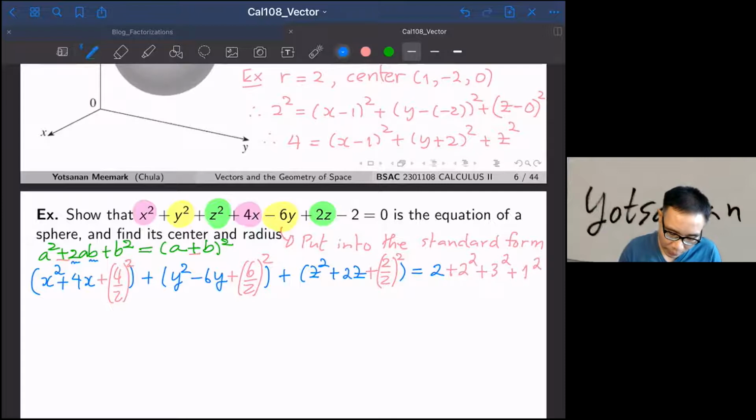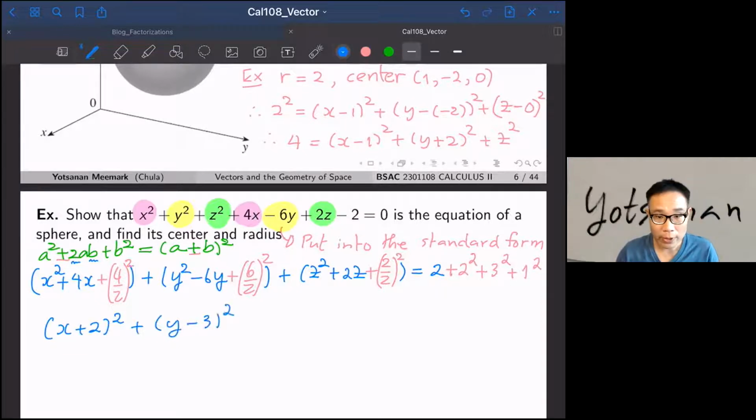So this turns out to be x squared plus 4x plus 4, and let me group this. It's going to be (x plus 2) squared, (y minus 3) squared, and (z plus 1) squared.